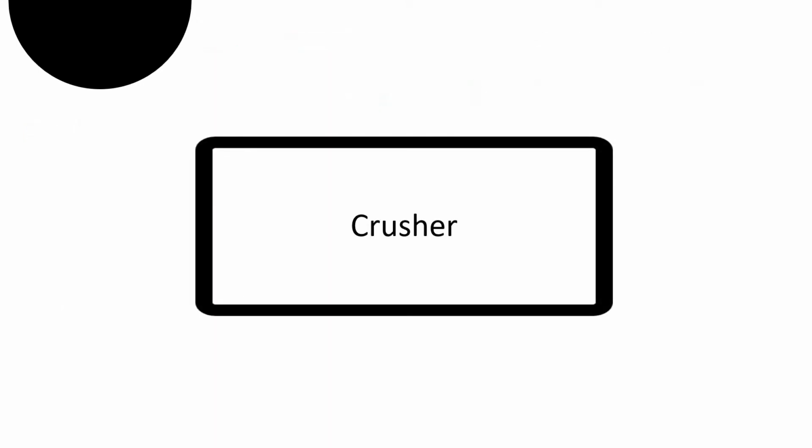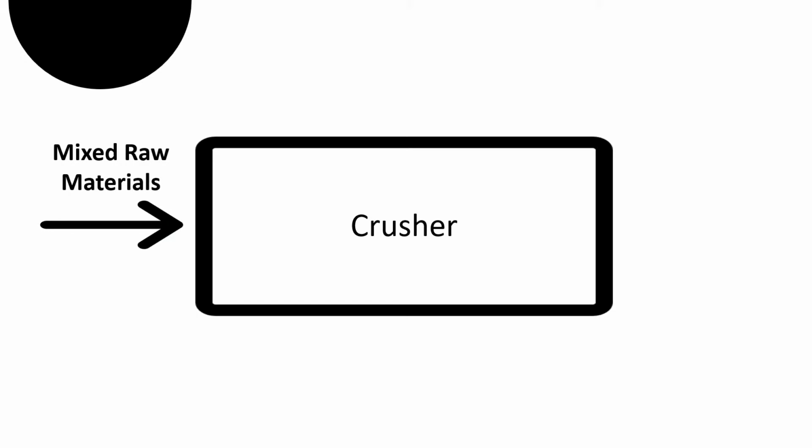After the raw materials have been mixed, they will undergo the crushing process. A crusher is a machine designed to reduce large particles into smaller ones. In the production of borosilicate glass, it is necessary to crush the particles as small as possible, since they will be subjected to melting via furnaces.